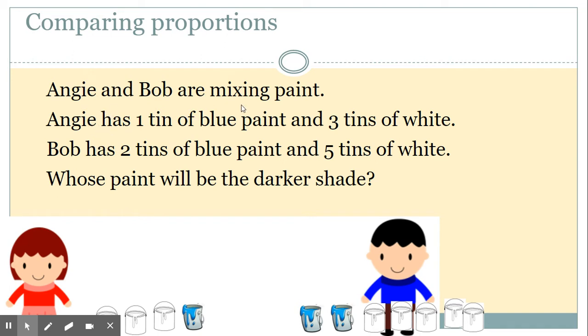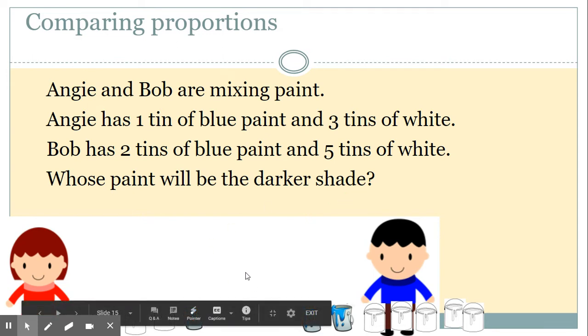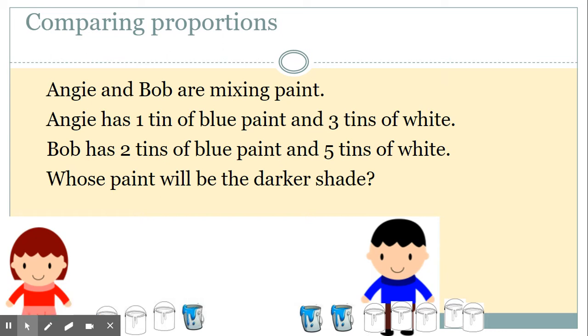So example, Angie and Bob are mixing paints. Angie has 1 tin of blue paint and 3 tins of white. Bob has 2 tins of blue paint and 5 tins of white. Whose paint will be the darker shade? Yes, we know the paint which has the bigger proportion of blue as compared to white.